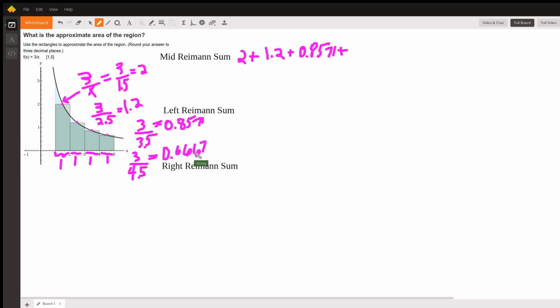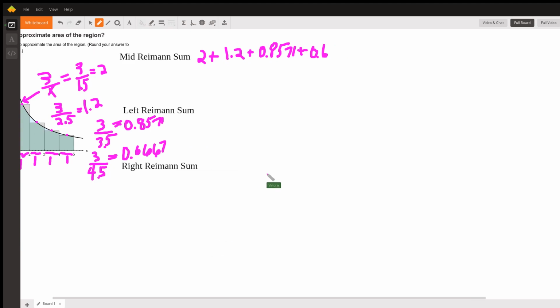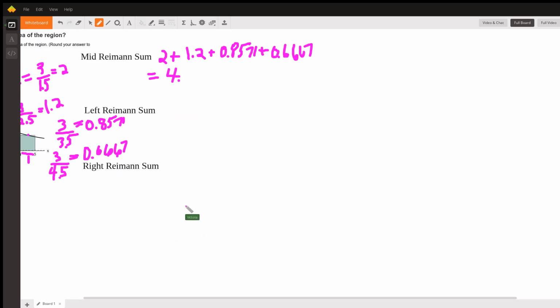So 0.6667 times 1 is the area of our last rectangle. And then we add all those up. And when you add all these together, you get 4 point, how many decimal places did they say? 3. So 4.724 square units, whatever they are.